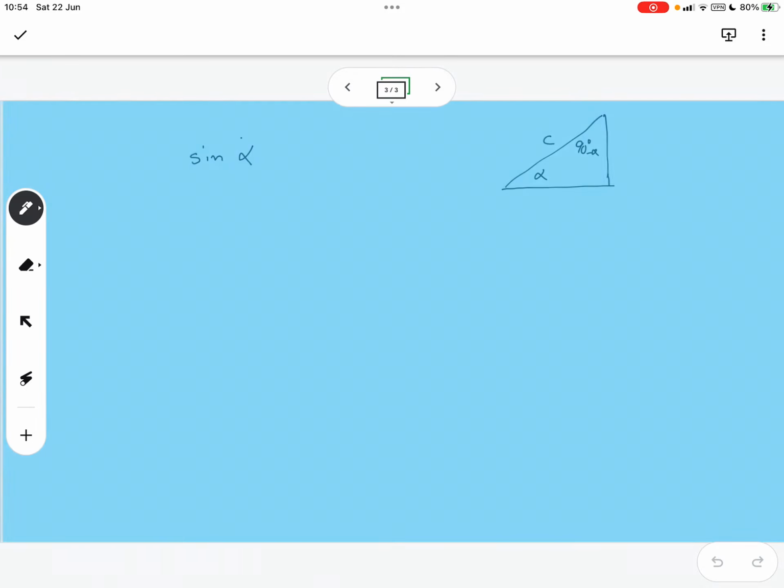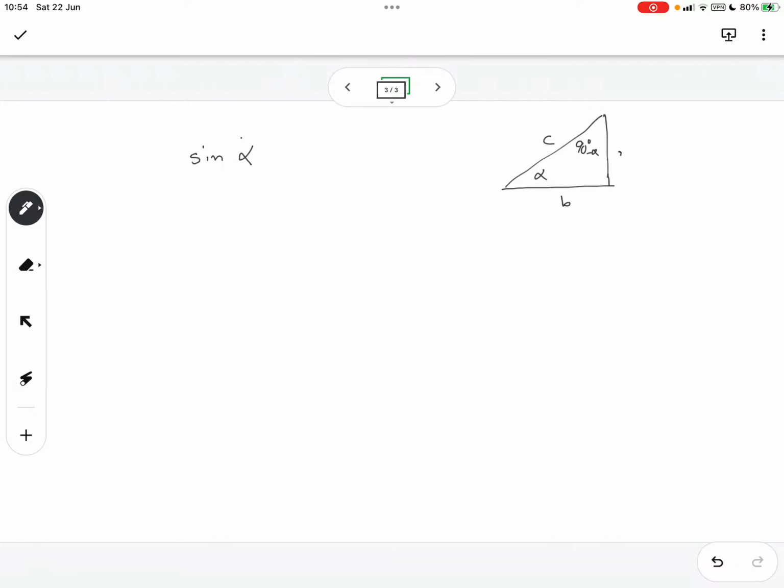Yes, B is adjacent to alpha. All right, cool. So sine alpha is A over C, but it also equals the cosine of 90 degrees minus alpha. That's what the statement is saying. Again, cos alpha is B over C, and it equals the sine of 90 degrees minus alpha.